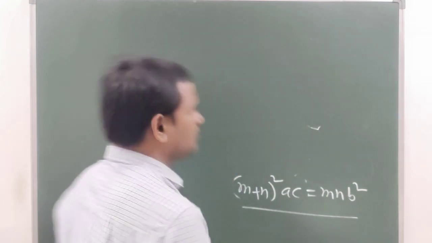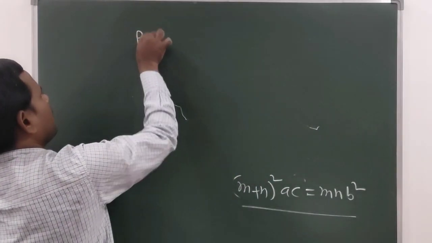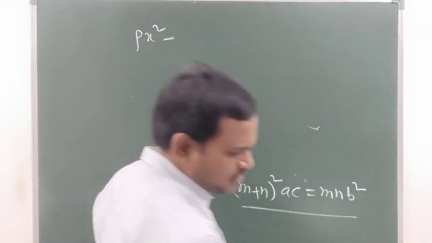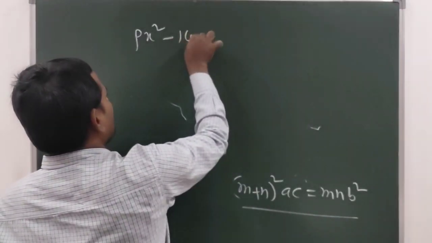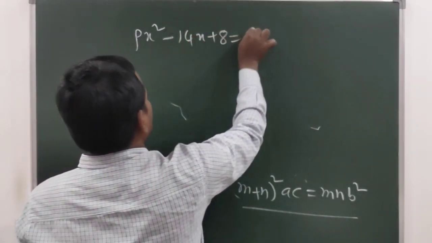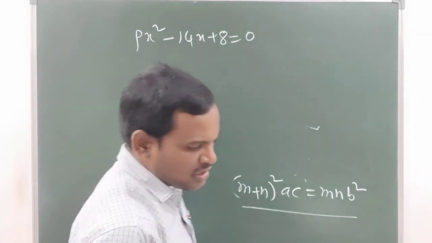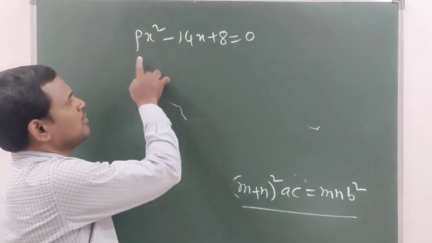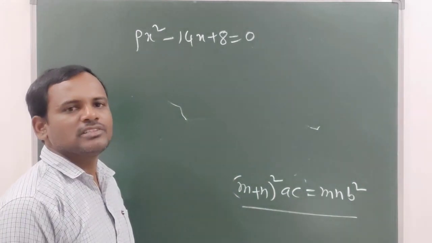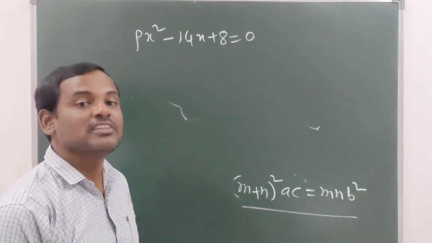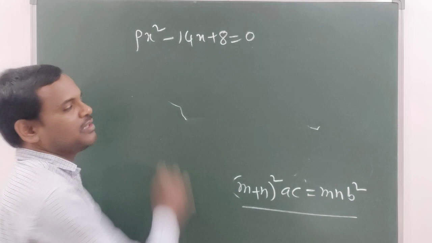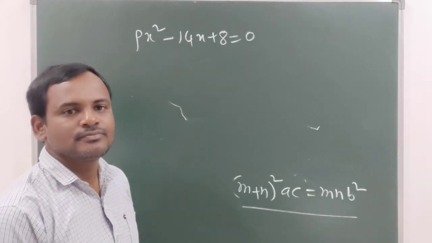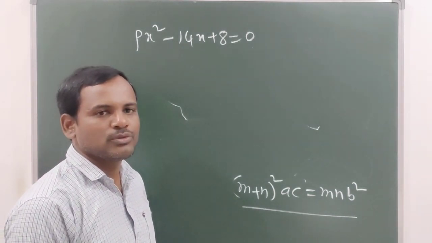One root of px square minus 14x plus 8 equal to 0 is 6 times the other, then find p. One root of this quadratic equation is 6 times the other, then find p. Okay, that is the given question.